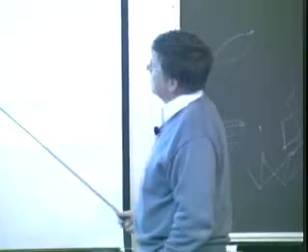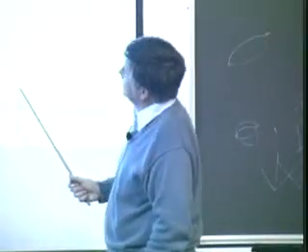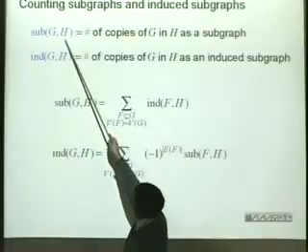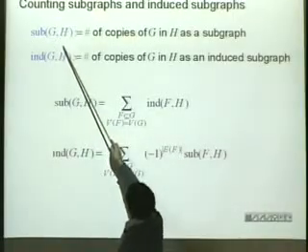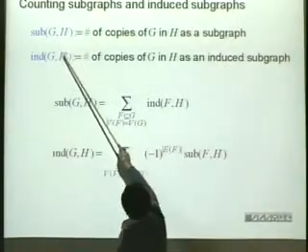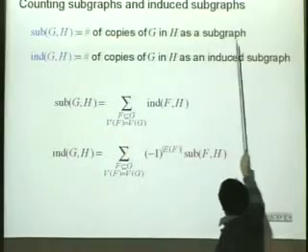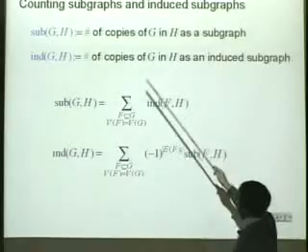From a combinatorial graph-theoretic point of view, it's probably more natural to count subgraphs instead of homomorphisms. So count the number of copies of G in H as a subgraph, say labeled copies again.